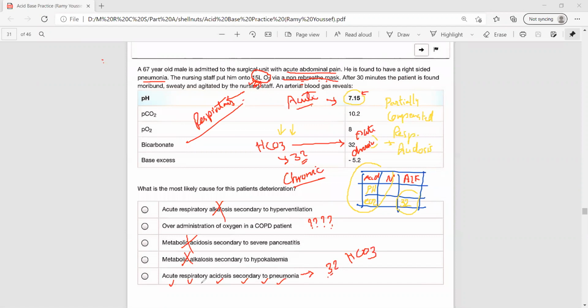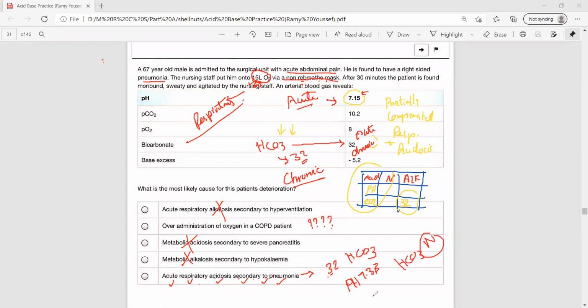If this patient has acute respiratory acidosis secondary to pneumonia, any patient with pneumonia can have an acute respiratory acidosis, but I would find the pH low, maybe acidotic, 7.33, and I would find HCO3 normal, because in an acute condition HCO3 has no time to compensate.